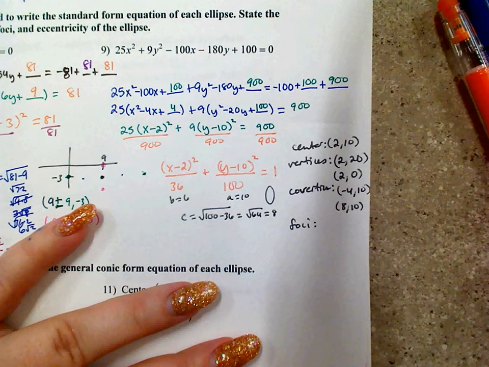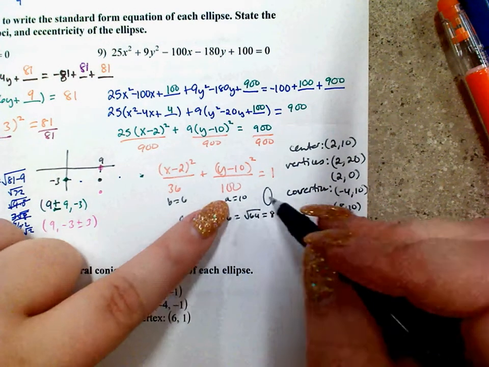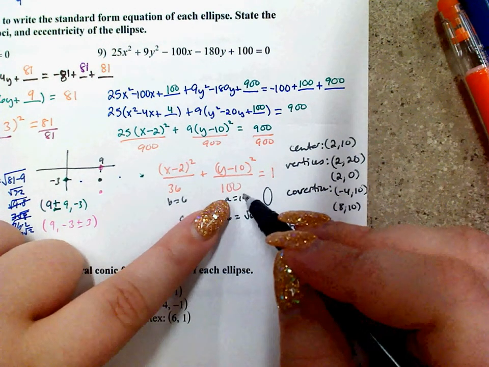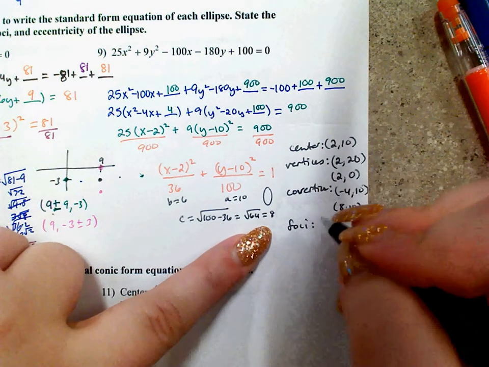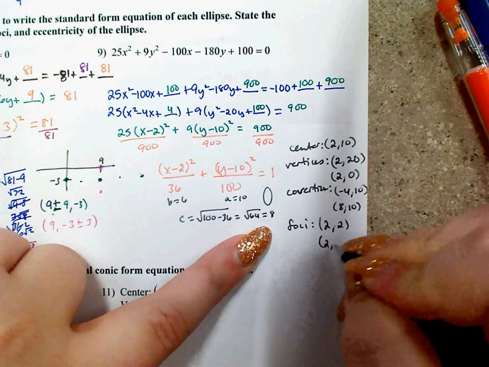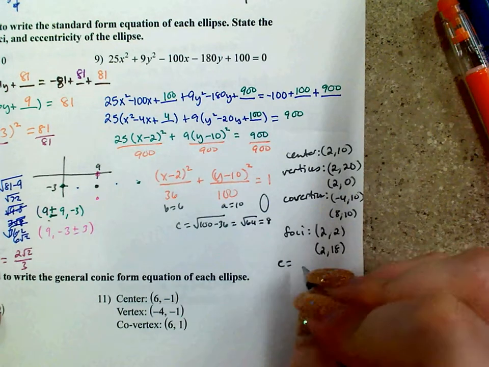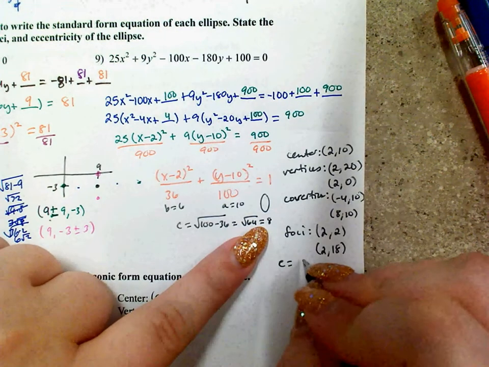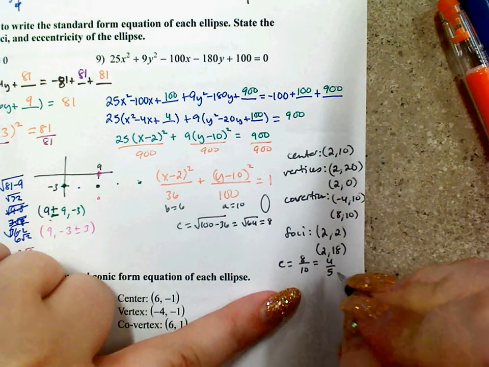So if C equals 8, then because it is vertically aligned, because the A is underneath the y value, I'm going to go up and down 8 from my center. So if I go down 8, that puts me at 2, and if I go up 8, that puts me at 18. And then my eccentricity is C over A, so 8 over 10, which simplifies to 4/5. And there we go.